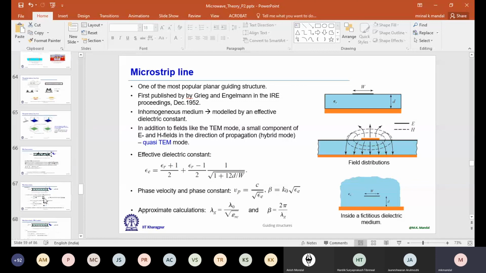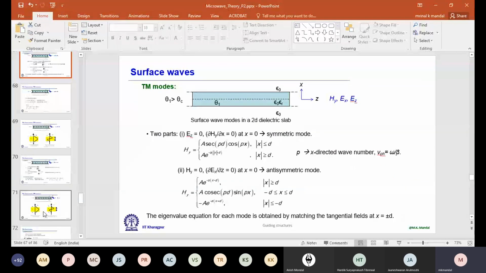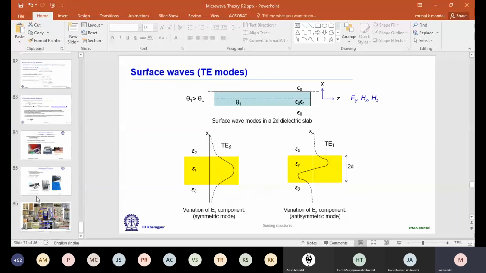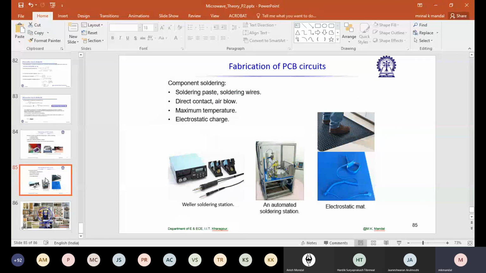Any other question? Okay, this Saturday we'll be having one tutorial class on Smith chart and transmission line related problems. We'll discuss how to solve them. We may not have enough time to solve each and every problem line by line, so we'll discuss how the approach should be, and after that you should practice in your room.